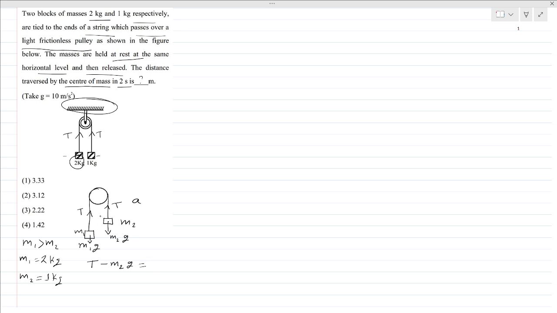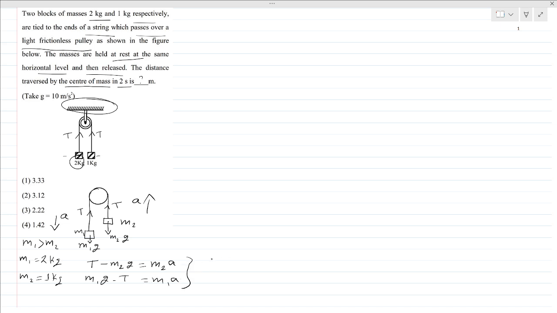Since the string is inextensible and the pulley is frictionless, the same acceleration applies to m1 going downward. So T minus m2g equals m2a. Similarly, for mass m1, m1g minus T equals m1a.